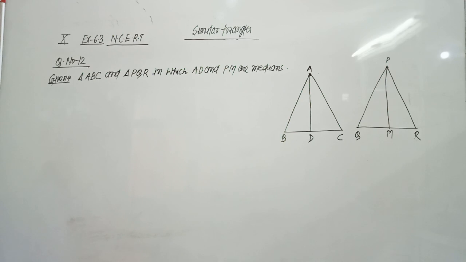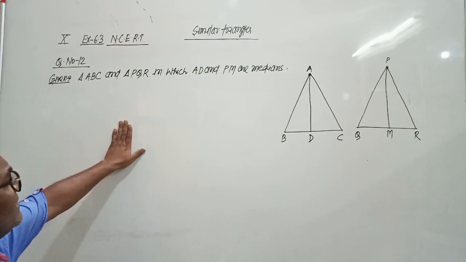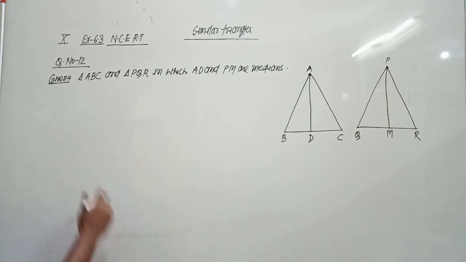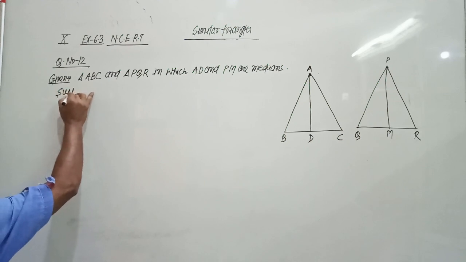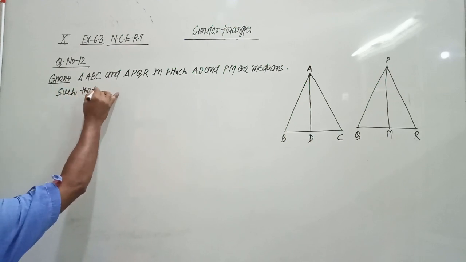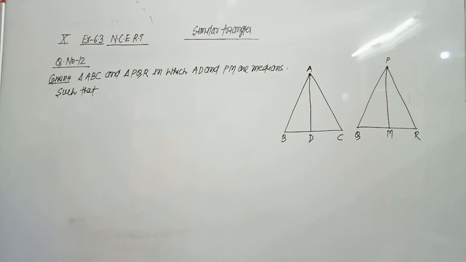Triangle ABC, sides AB and BC and median of a triangle are proportional to sides PQ, QR and median of triangle PQR.